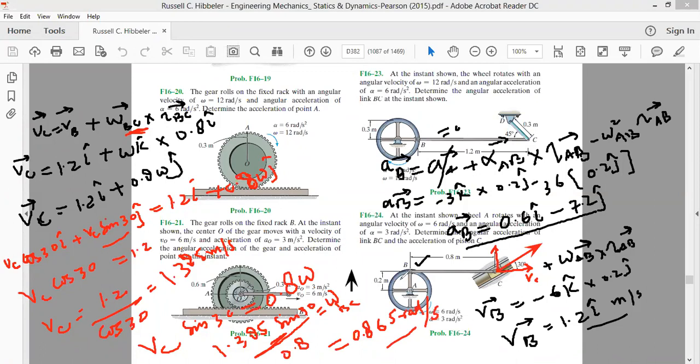Now directly write the acceleration equation. This will be our last step.